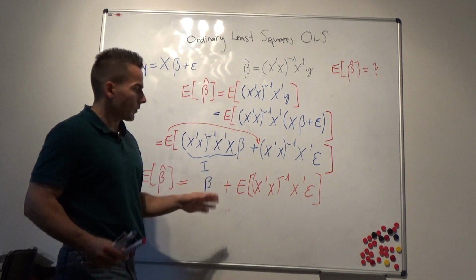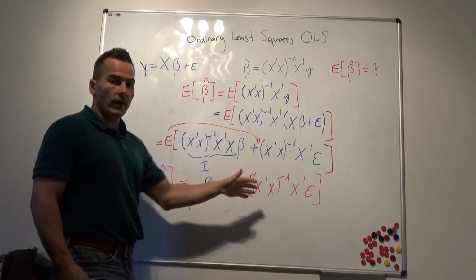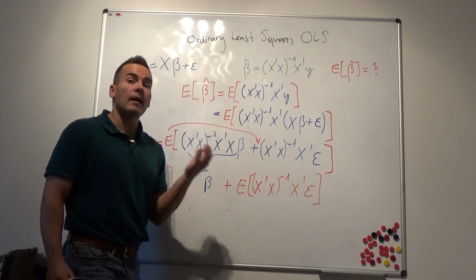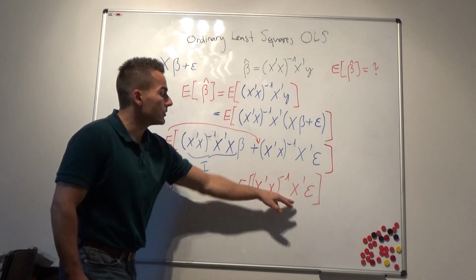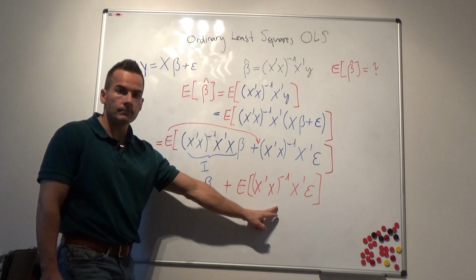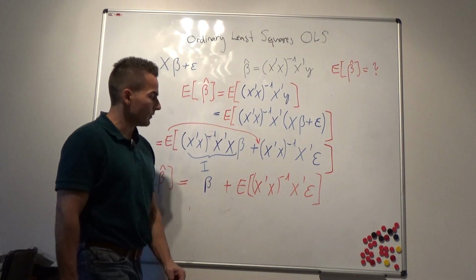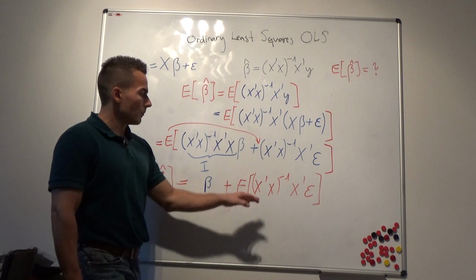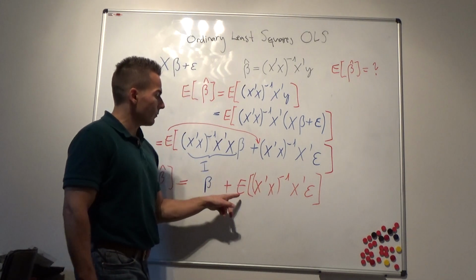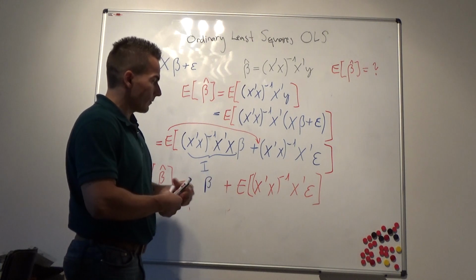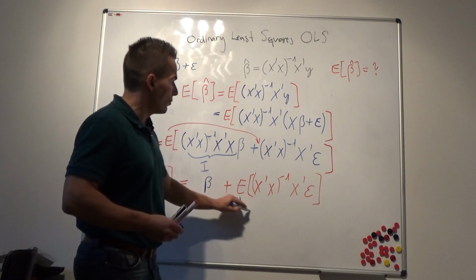So now the question arises, what is random here? According to our OLS assumptions, x is predetermined. That's not random. The only thing that is random is our epsilon. Because epsilon is random, we can move the expectation operator one step further. We can move it here.